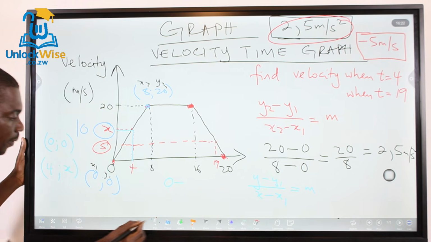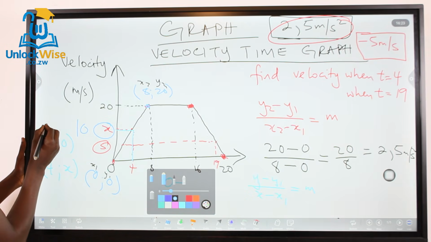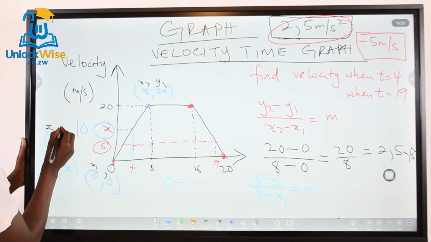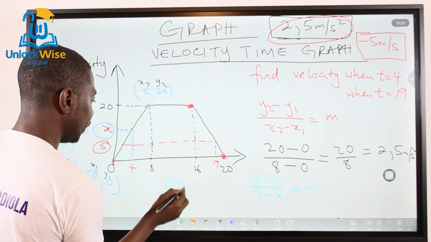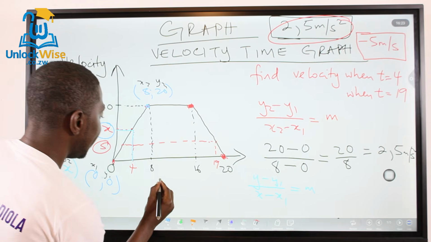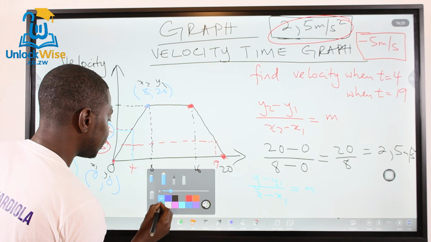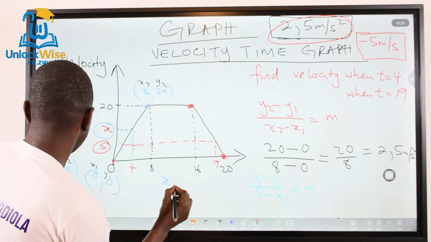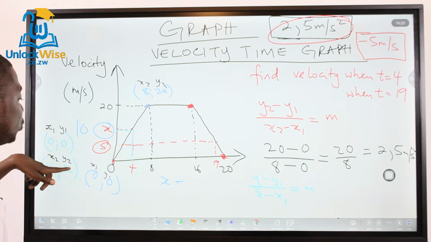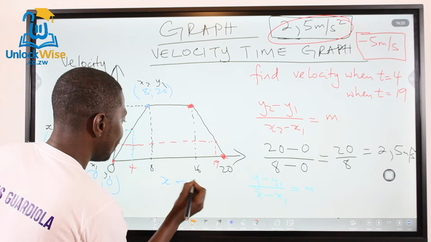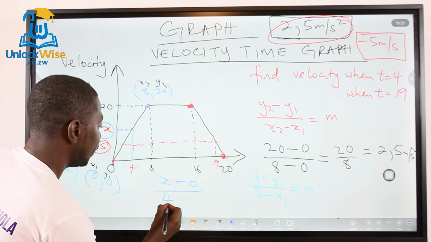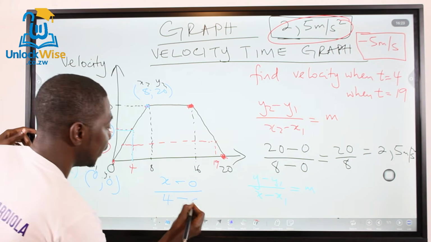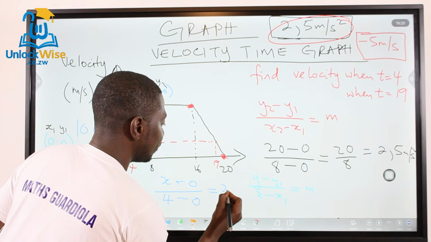So you can take this to be your x1, y1, x2, y2, and have it here like this. x minus, of which x is now my y2, minus y1 is 0, over my x2, which is 4, minus the other part, 0, to give me 2.5.